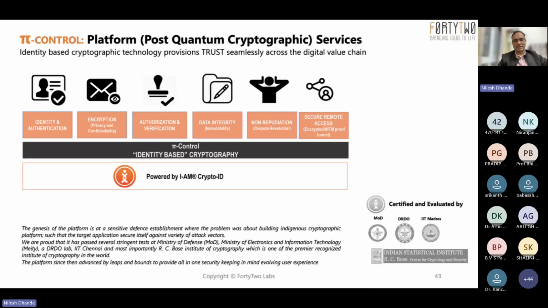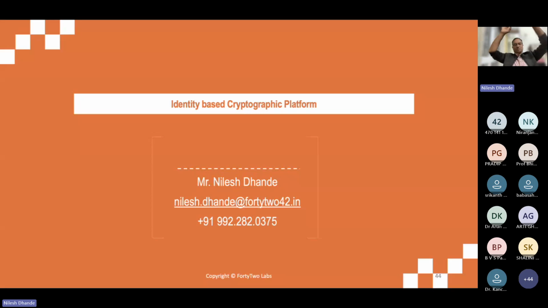So that is all, folks, right now. From the summary perspective, here is the summary. We started with the importance of cryptography. Then we looked at the cryptographic primitives that are needed for securely operating in the digital world. Then we looked at the problems of cryptography, the typical problems that are there. Then we looked at quantum computing, what it brings to the table.